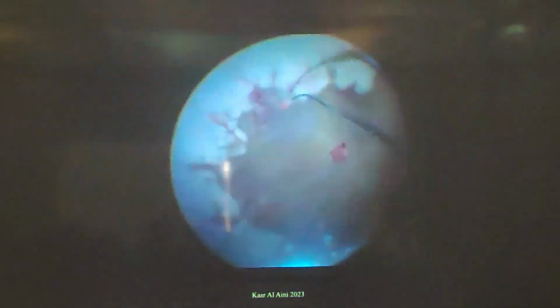You may elect to do laser photocoagulation at the edge of the retinal necrosis because these patients will develop retinal detachment because the areas of retinal necrosis will end up in holes, atrophic holes.